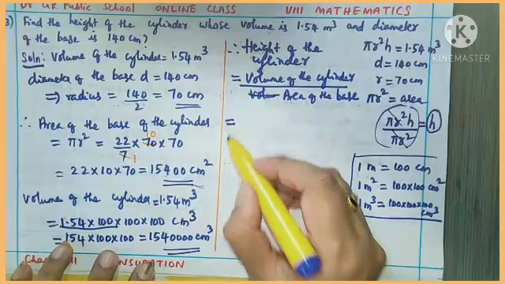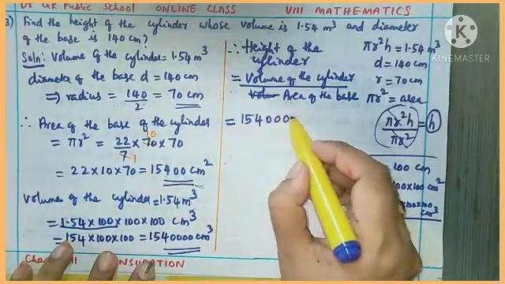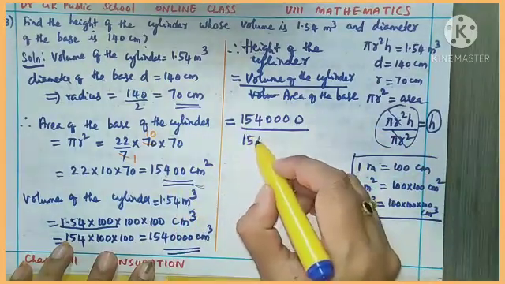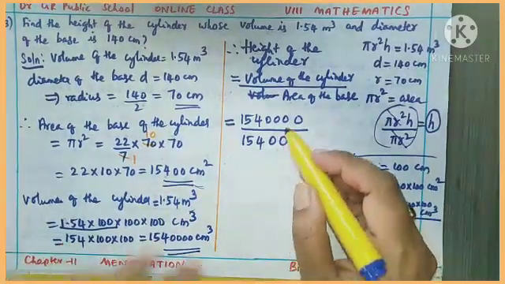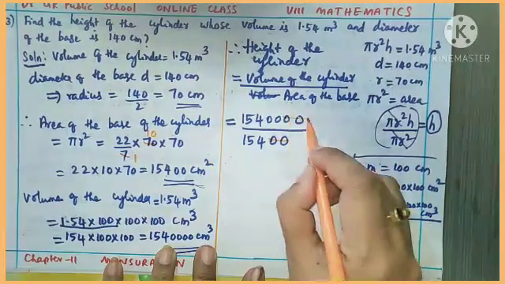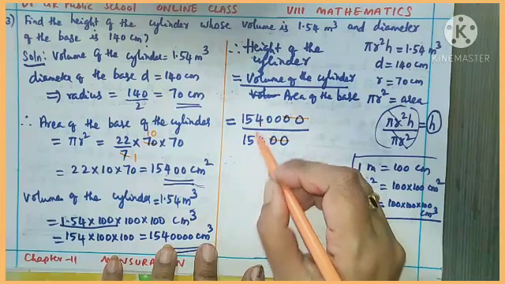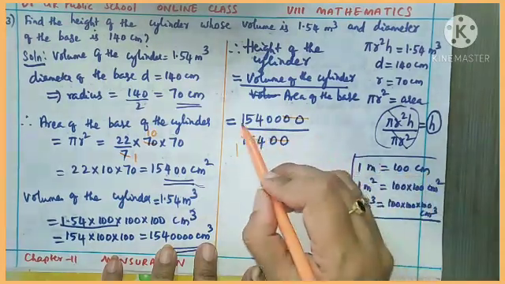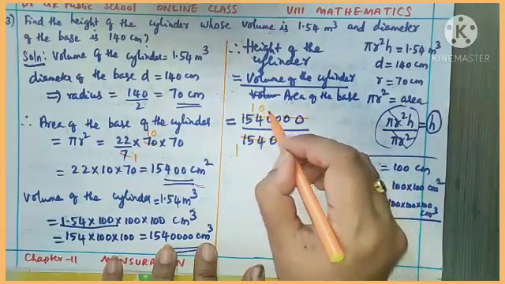So that is equal to, volume answer is 154, 4 zeros, by area of the base we got 154 and 2 zeros. Okay, now it is very easy to cancel here 2 zeros and 2 zeros. Now here also 154, here also 154, same number. So you can cancel 1 time 154 and here 1 time 154 and 2 more zeros.